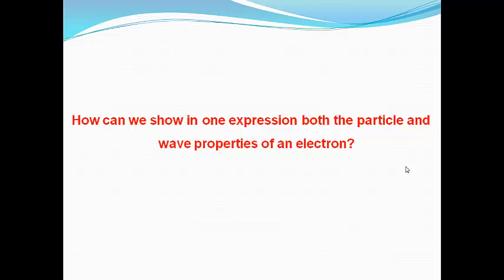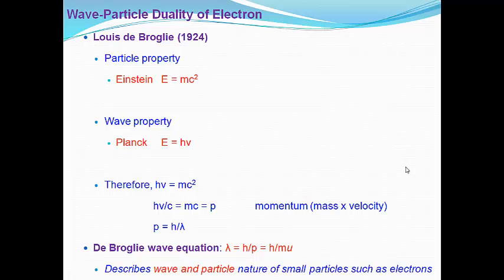So how can we show then in one expression both the particle and wave properties of an electron? That idea was proposed by Louis de Broglie in 1924. We recognize that if we consider the electron as a particle, there is an associated mass, and if we consider the electron as a wave, there is an associated wave motion.